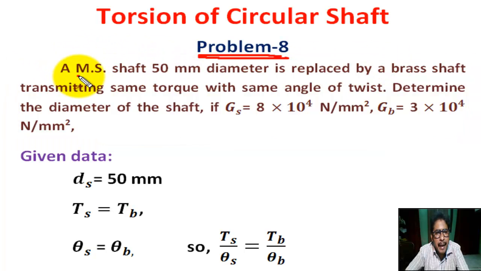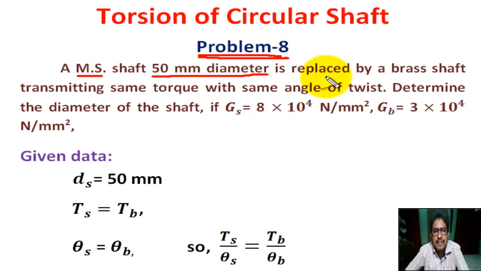A MS shaft, 50 mm diameter. MS means mild steel shaft.